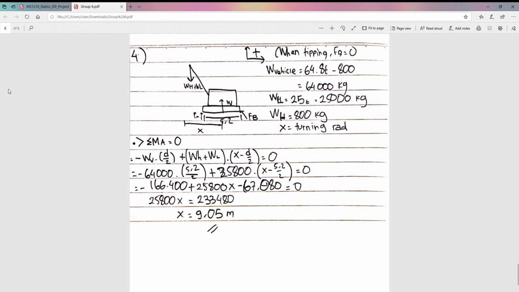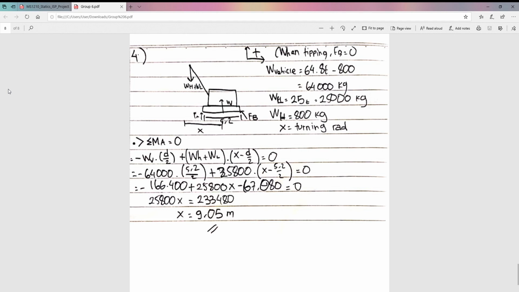That's why we have to divide the distance by 2, and then we add it with the weight of the mass being brought down, both the masses that I just told you about, the 800 one and the 25 ton, and then we times that by the turning radius minus the distance divided by 2.